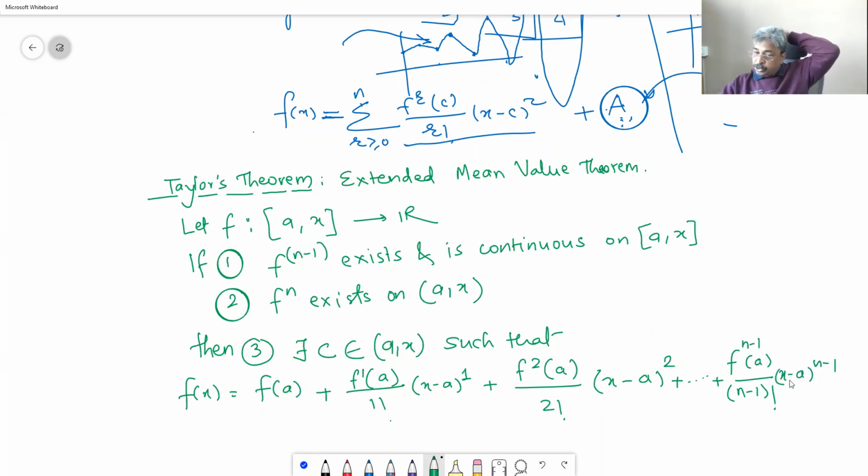Now we have decided to stop at n minus 1, and therefore there is a difference between LHS and RHS, and hence we add one more term which is f n at c upon n factorial into x minus a raised to n. This c is different from a. This is what your remainder term is.